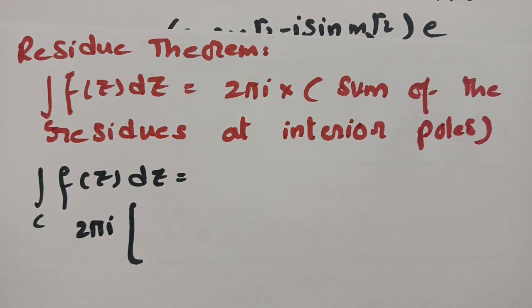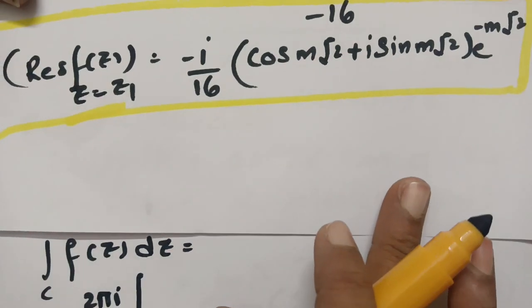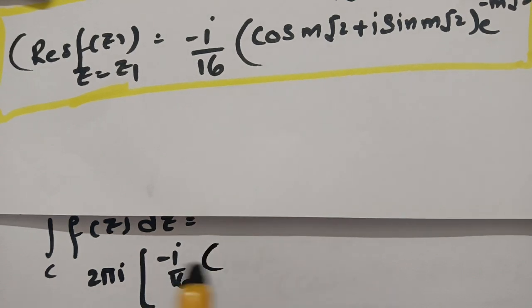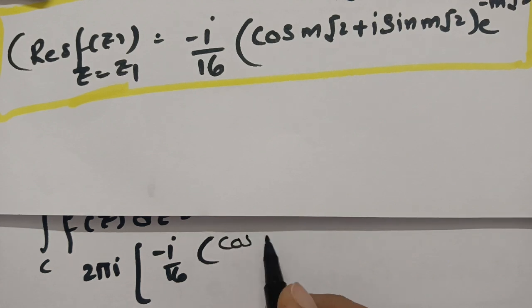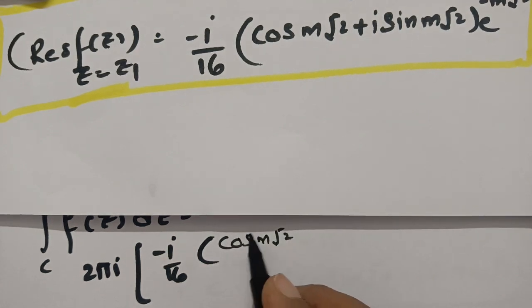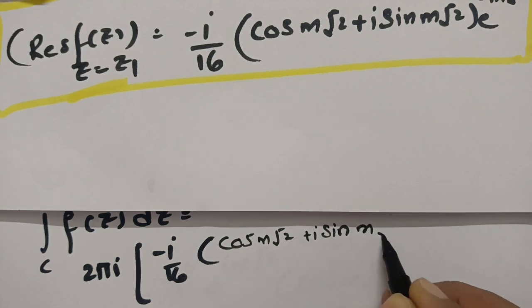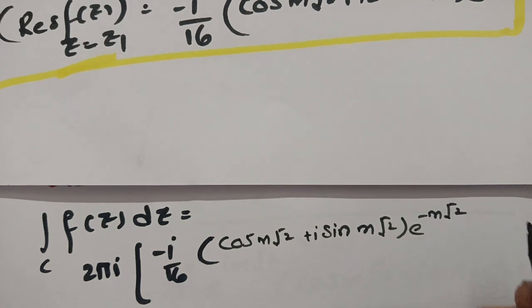See here, the first residue value, I am showing you. For z1, the value here is minus I by 16 times cos m root 2 plus I sine m root 2 into e power minus m root 2. Clear?